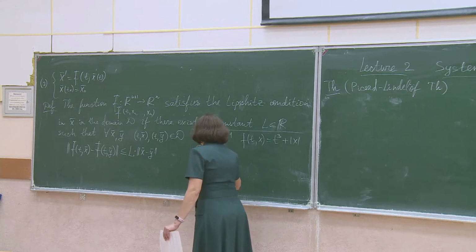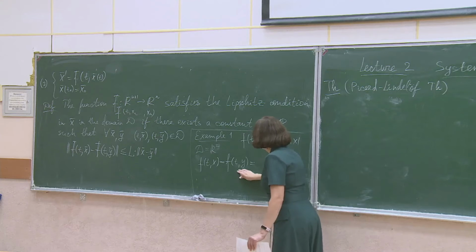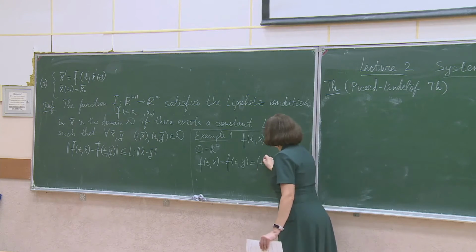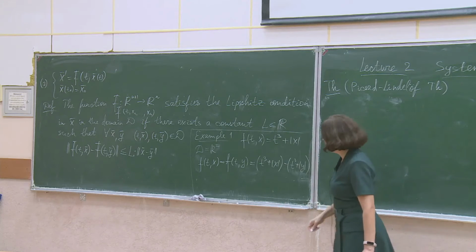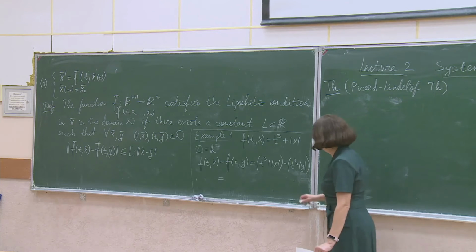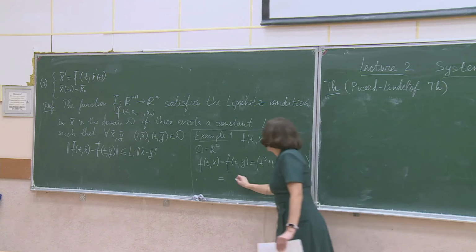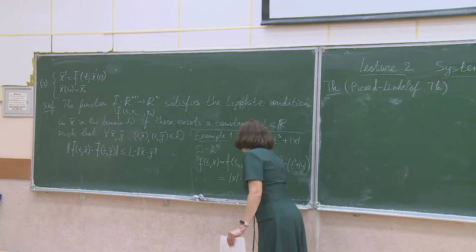Let's start with the difference. t is the same, and so t is cancelled out, and we have the absolute value of x minus the absolute value of y, in absolute value.